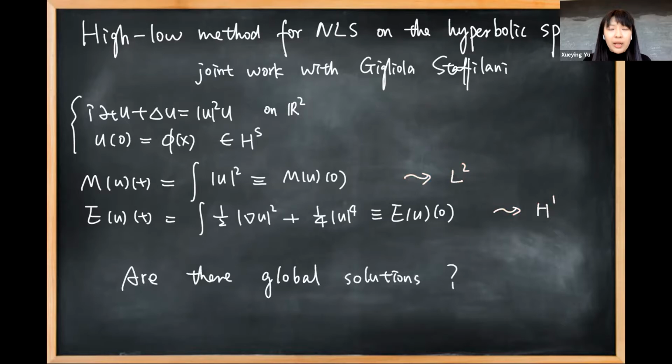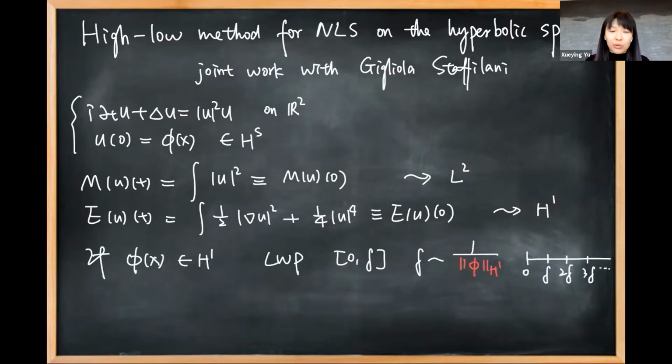Then we would like to ask, are there any global solutions? Because when we have an equation, we would like to solve it, and what I care about is to have a global solution. The answer is yes, of course.